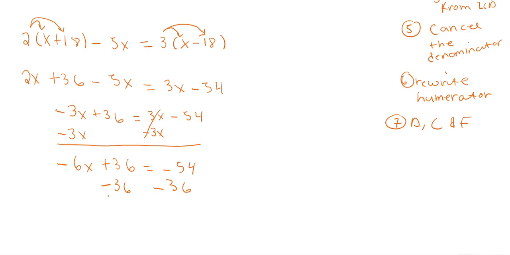So notice in this process of solving, we have not needed to do any factoring. We are literally just solving for x. So then we have negative 54 minus 36. We are adding towards the negative side, so this gives you negative 90.